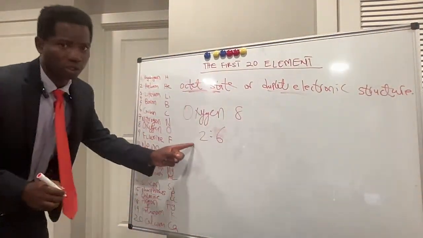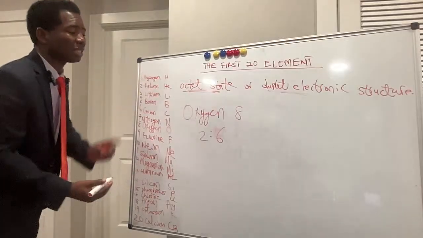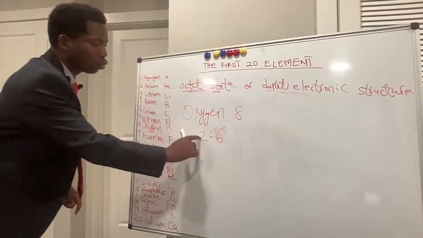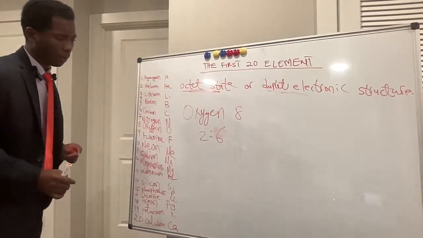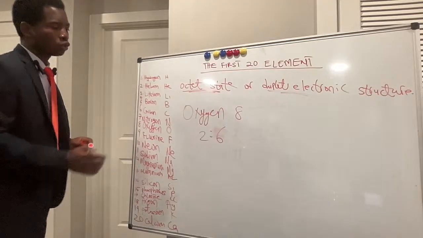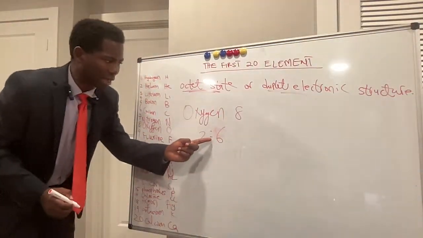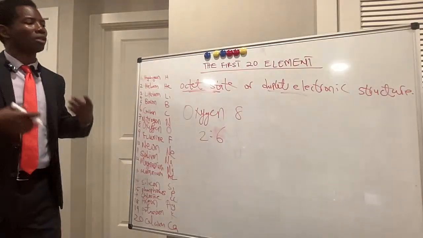The first shell takes 2, and the subsequent shell takes a maximum of 8, but if it's not up to 8, you write 6, because 2 plus 6 is equal to 8, the atomic number of oxygen. So now oxygen says, my outer shell has exactly 6, but I need 8 to attain an octet state.